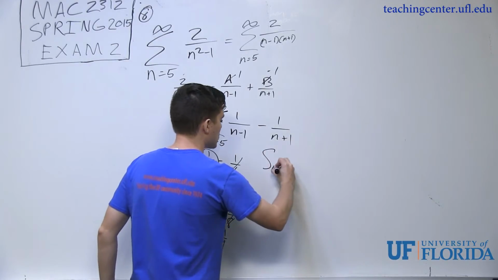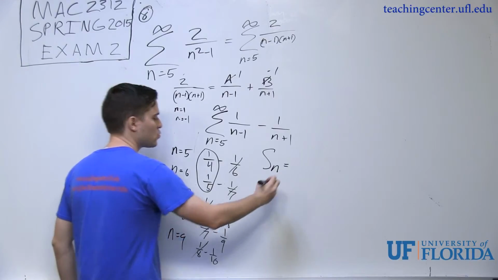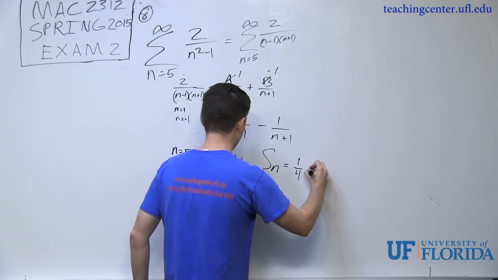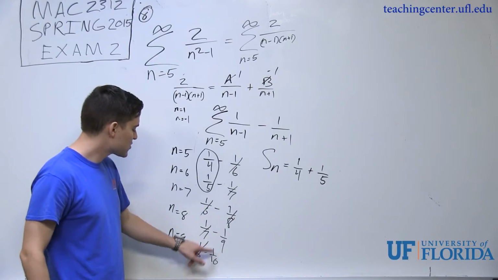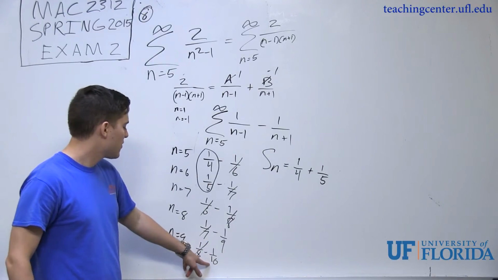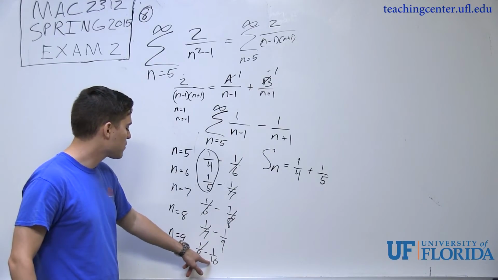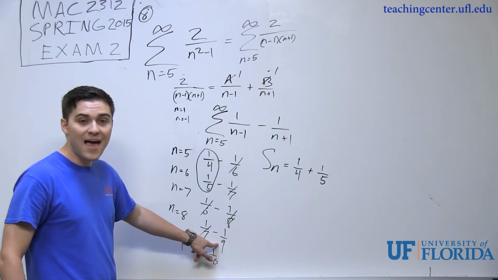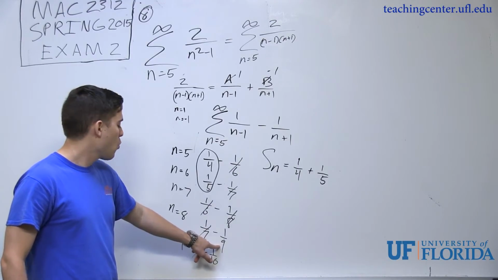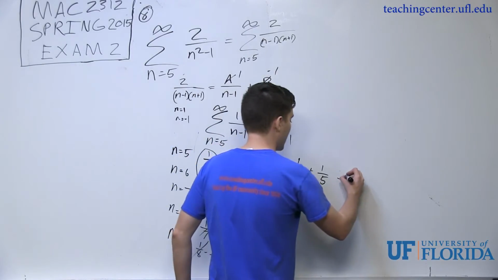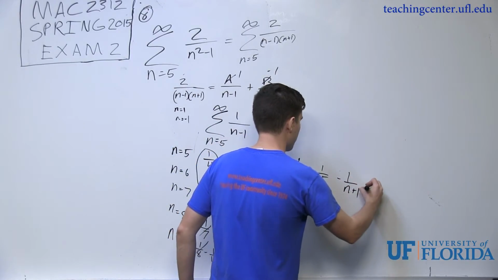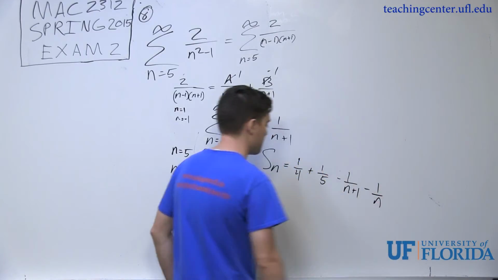So my partial sum is equal to my 2 residual terms, 1/4 plus 1/5. Then for my last terms down here, I know that I'll always have a negative 1 over n plus 1, but in addition to that, my final term will always be the one before it. So what I'll be left with is negative 1 over n plus 1 minus 1 over n.